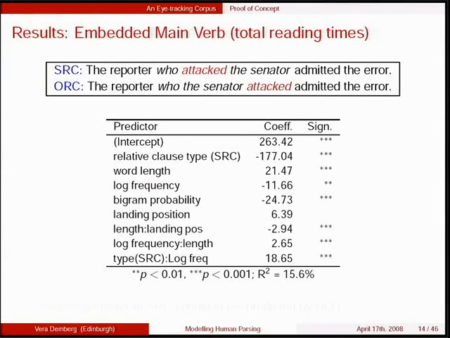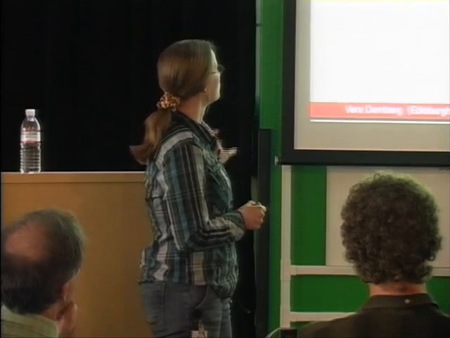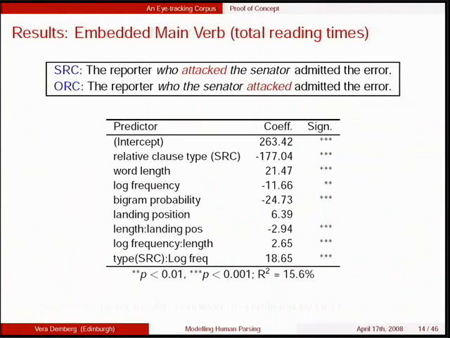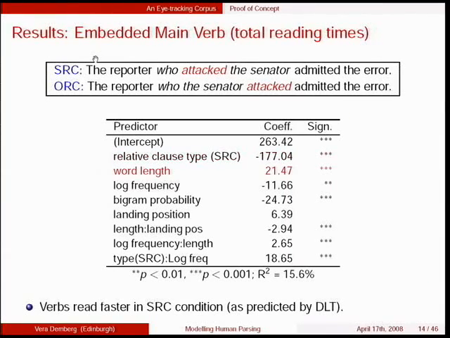For each character in the word, in the verb, we would add another 20 milliseconds. Then for the log frequency value, for each unit you would subtract another 11 milliseconds. So this essentially means longer words give longer reading times, and more frequent words give shorter reading times. And this is the pattern that you would expect.